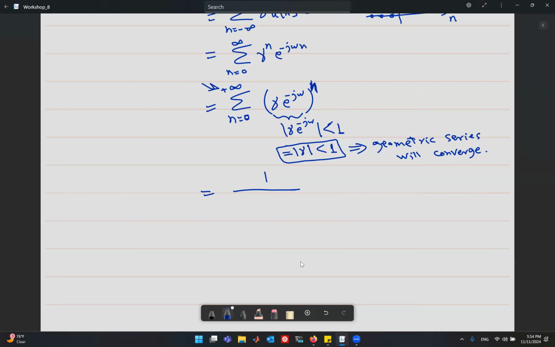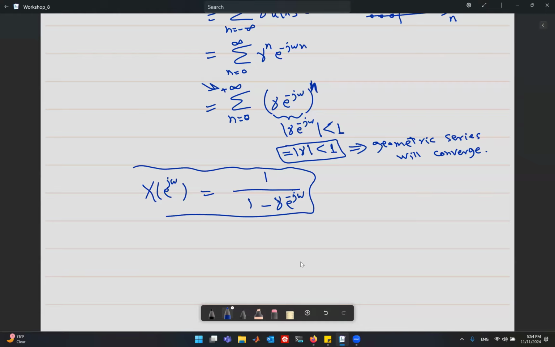I'm not sure, but you will find the derivations everywhere if you search. So this will converge to 1 over 1 minus this thing, gamma exponential minus j omega. And this is X of exponential j omega.